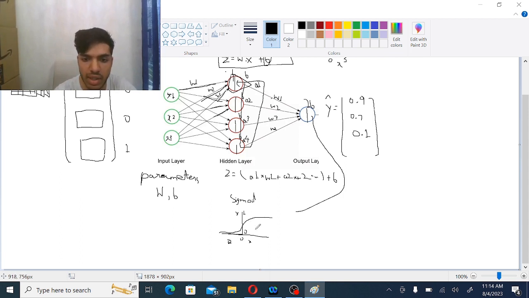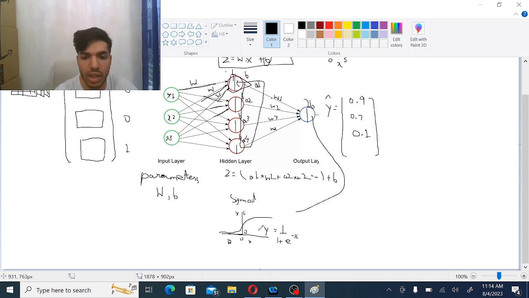So it simply takes an input of any number and gives us back an output that is between 1 and 0. The formula for that looks something like this. The output is equal to 1 over 1 plus e to the power of minus x, which is the input. So this takes an input and gives us back an output that's between 1 and 0.